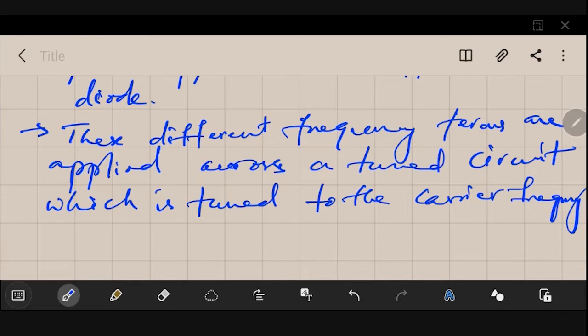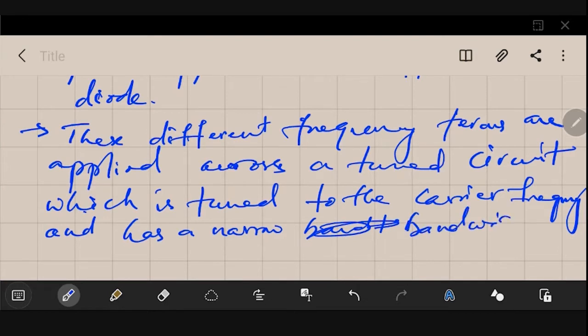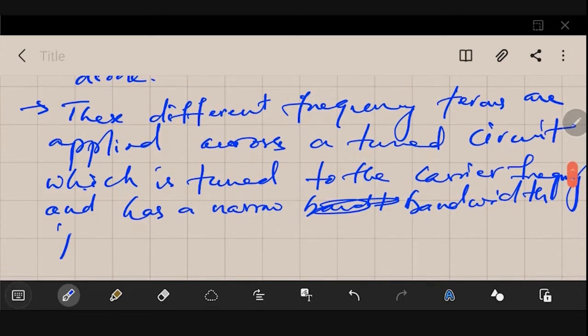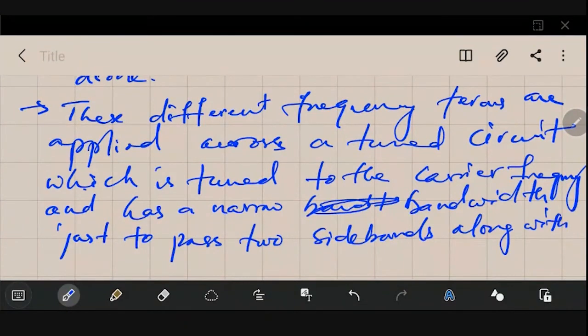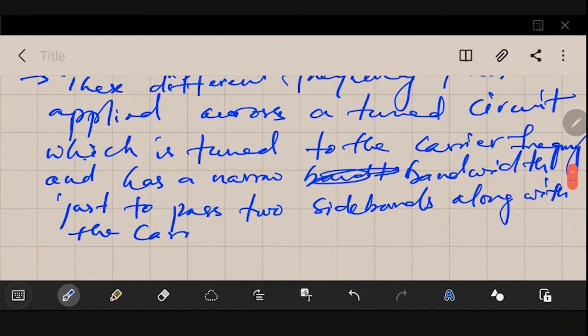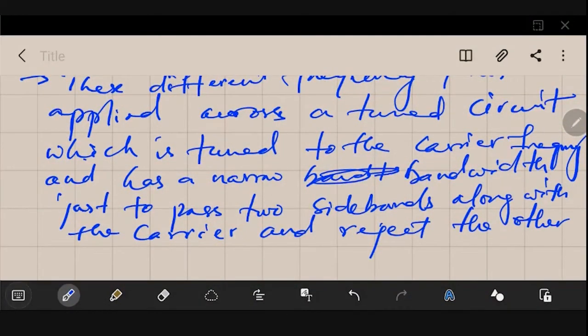Since it is tuned to the carrier frequency and has a narrow bandwidth, it will just pass the two sidebands along with the carrier and reject the other frequencies. So have you noted it?